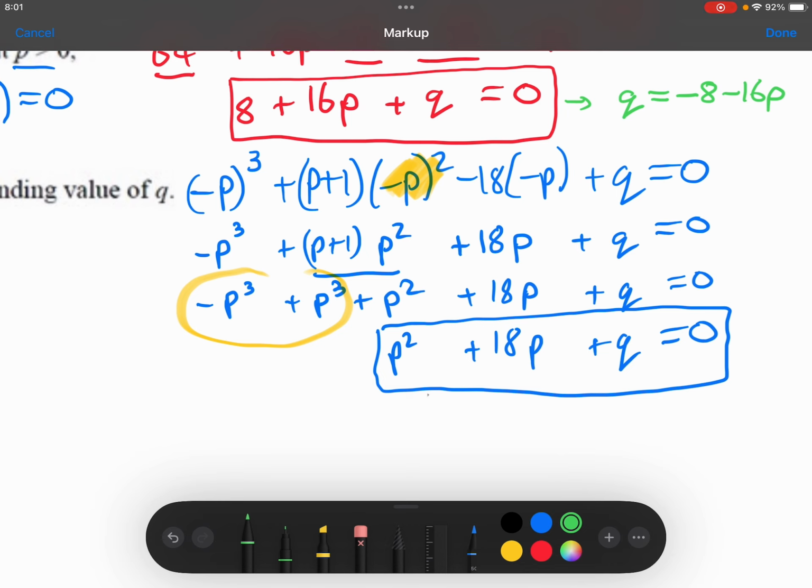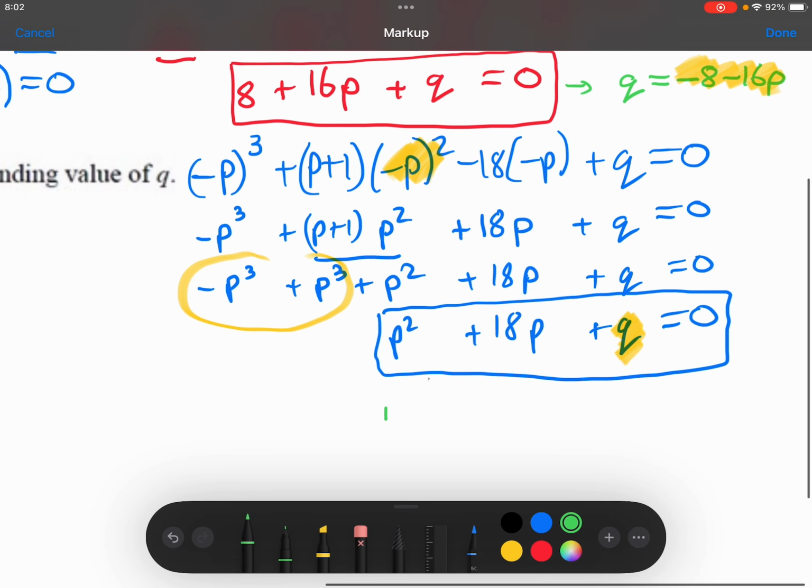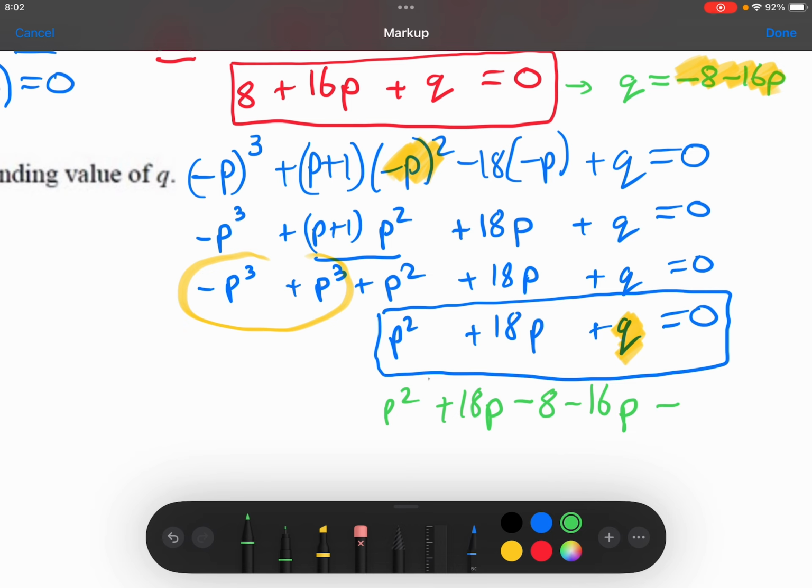So q is equal to minus 8 minus 16p. And then I'm going to substitute my q here into the second equation. So we're going to have p squared plus 18p. Then we've got the minus 8 minus 16p is equal to 0.